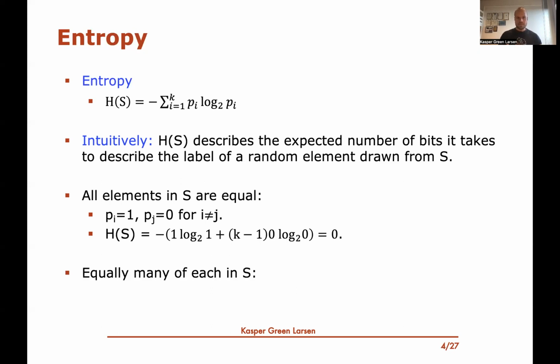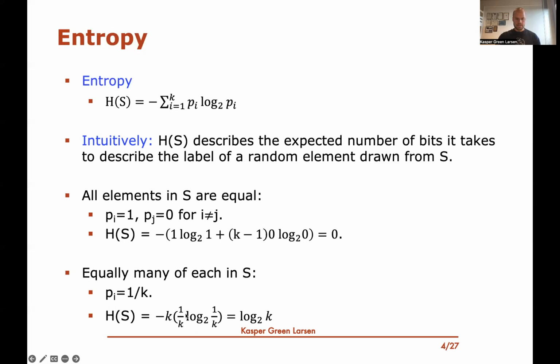And then the opposite extreme is when there are equally many of all elements in S. This is the distribution that maximizes this entropy, right? So in this case, if we distribute the elements evenly among the k different labels, then the fraction of points with label i is exactly 1 over k, which means that for the entropy, we have to sum over all these different labels, k of them, each of them contributes 1 over k times log 1 over k.